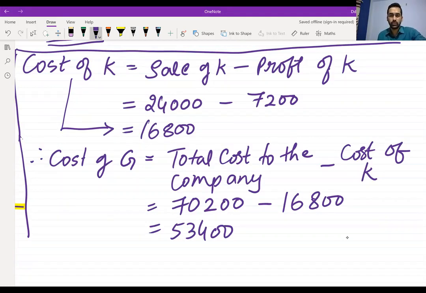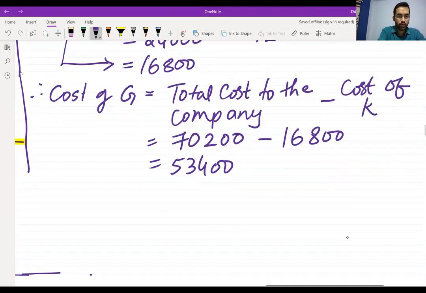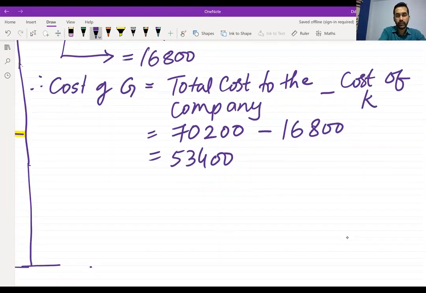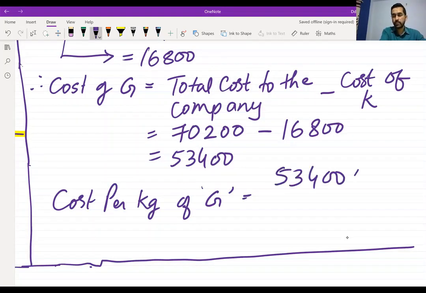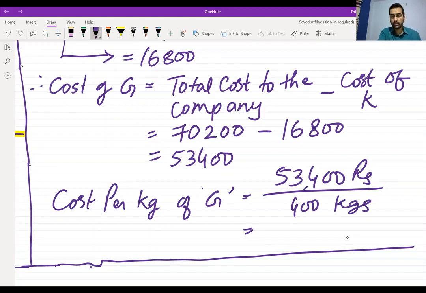One last line, cost per kg of G will be 53,400 rupees by 400 kgs, 133.5 rupees. That's all.